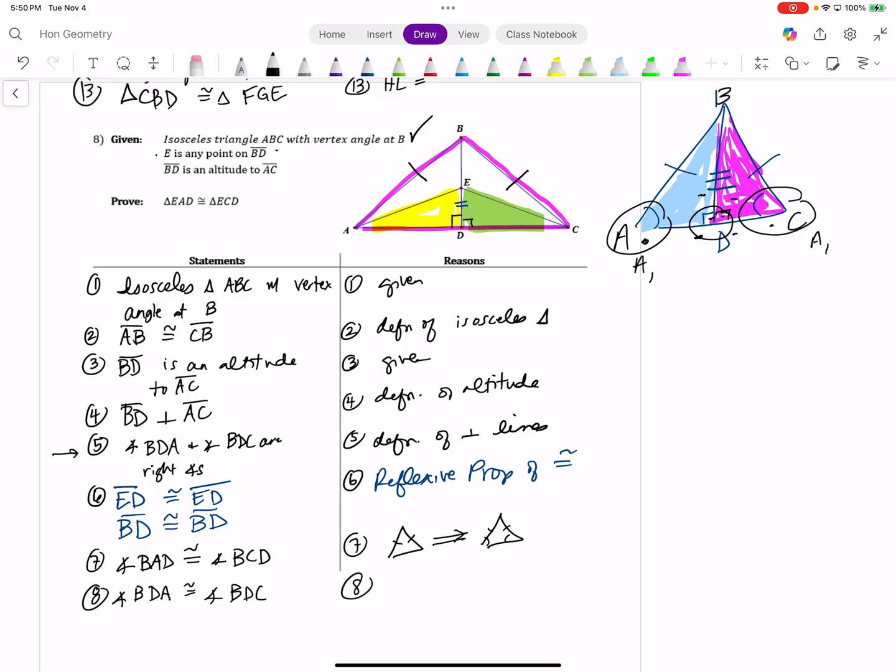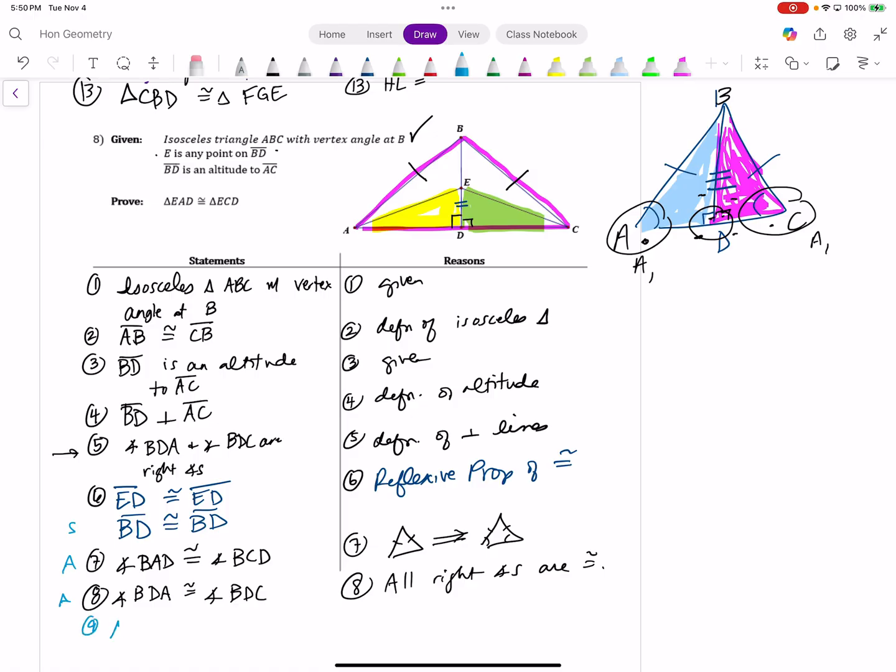BDC, because all right angles are congruent. Okay, so I'm going to do this in a different color. So I've got the angle I want, there's another angle I want, the side I want's right there.